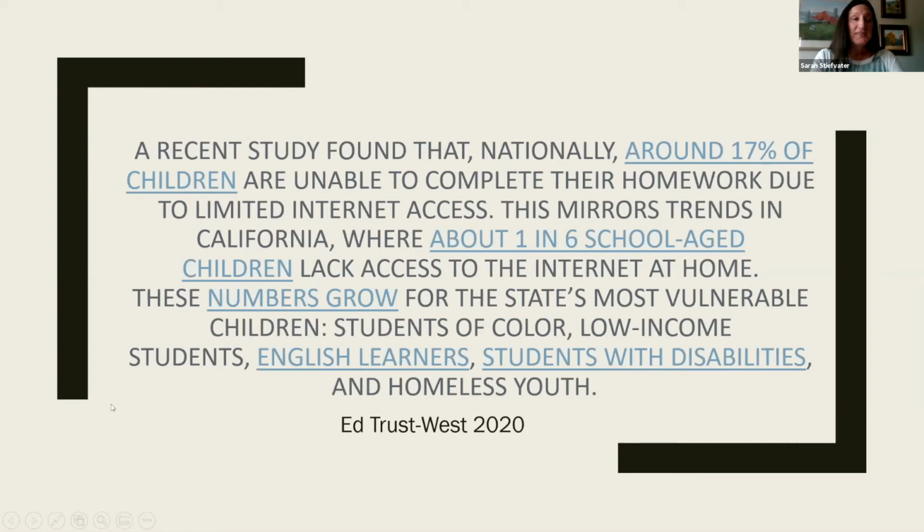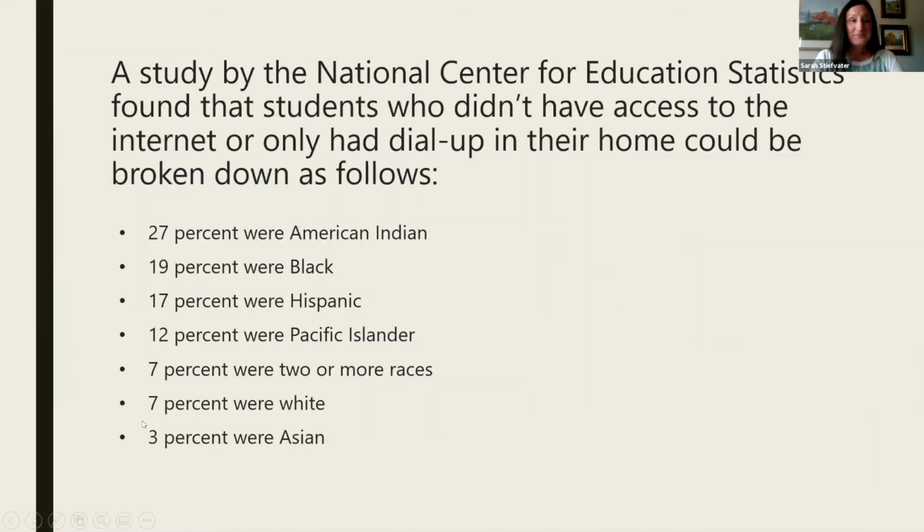And so these are the kids that have trouble with equity. So when you look at it all, 27% don't have sufficient dial-up at their home, 27% are American Indian, 19% are Black. And so you just see that kind of supports what they were saying a while ago.